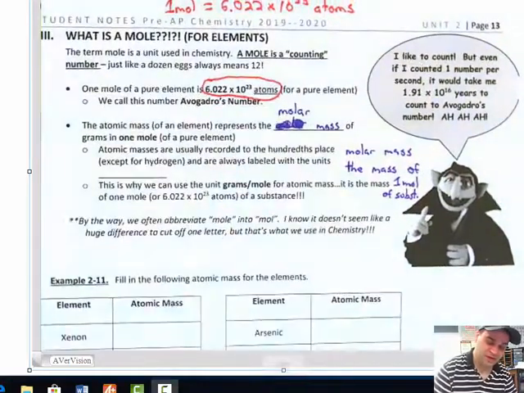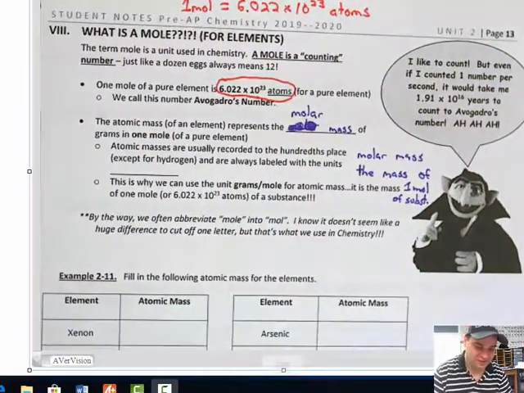Now remember, substance could be either elements or compounds. I'm just talking about elements right now.